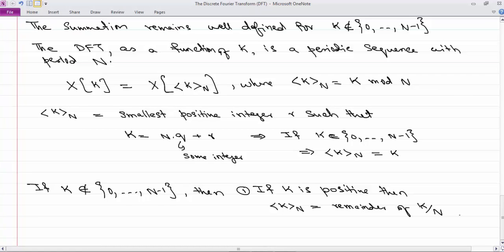Okay. And if k is negative, then k mod n is n minus the remainder of k divided by n.